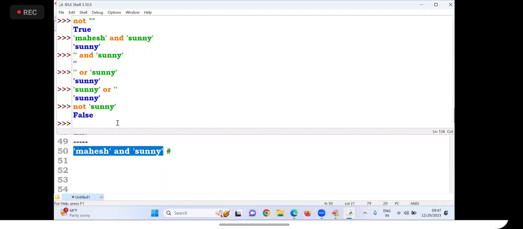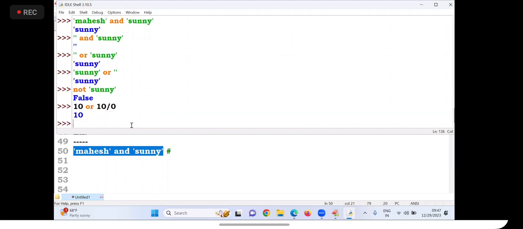Now, 10 or 10 by 0. 10. No. 0 or 10 by 0. 0.